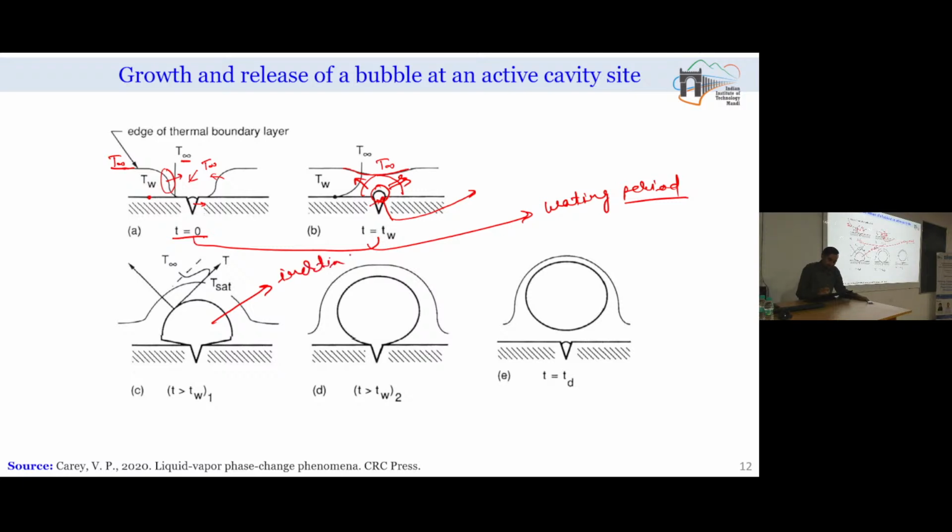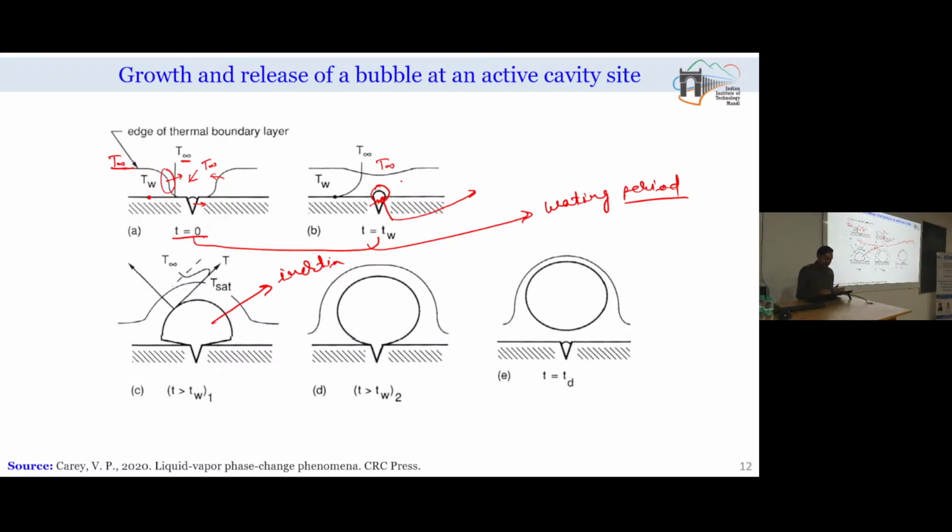So in this stage, the growth of the vapor bubble will be inertia controlled. We assume that in this range the temperature of the liquid, or degree of superheat of the liquid, is sufficient enough that it does not pose any restriction on the growth of the bubble. Rather, the inertia of the liquid acts as the resistance on the growth of the vapor bubble.